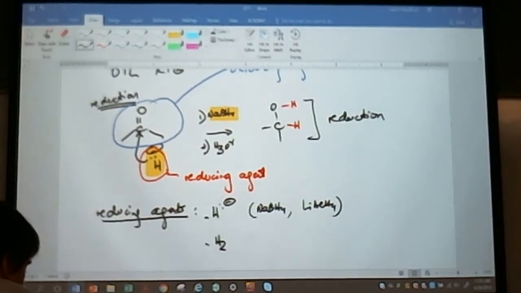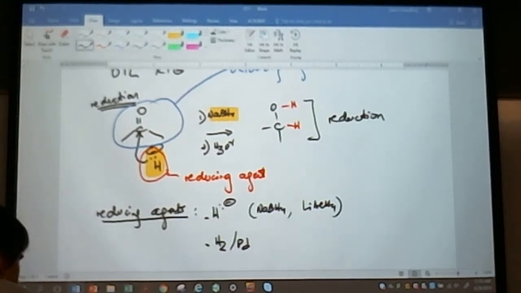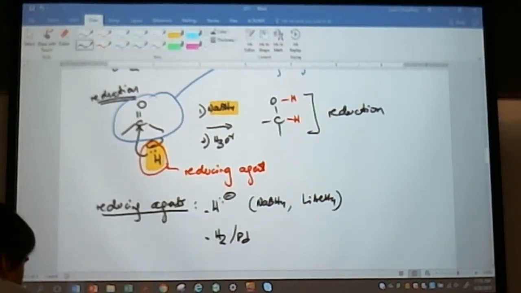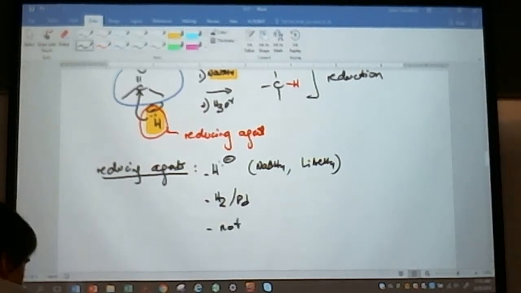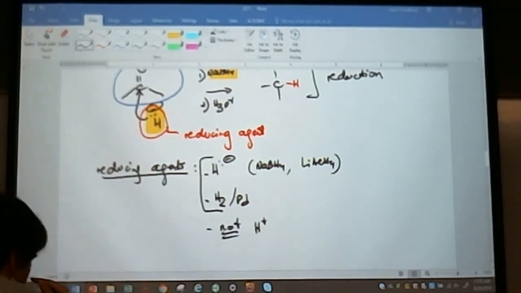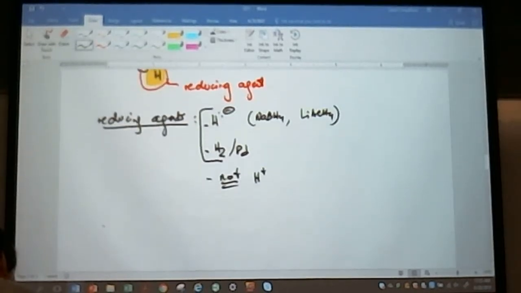And in here, we can use some catalyst, a little plasma, whatever. Those would be reducing agents, not H plus, because that does not contain electrons. Okay, so these are your reducing agents that cause a reduction. Oxidizing agents cause oxidations.